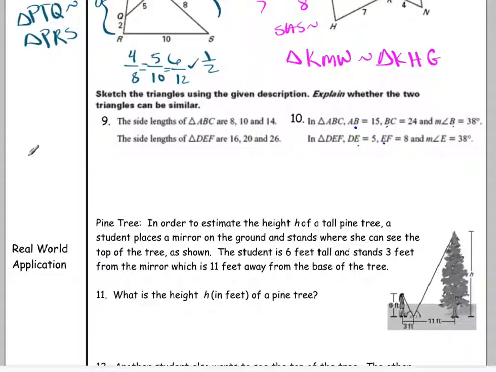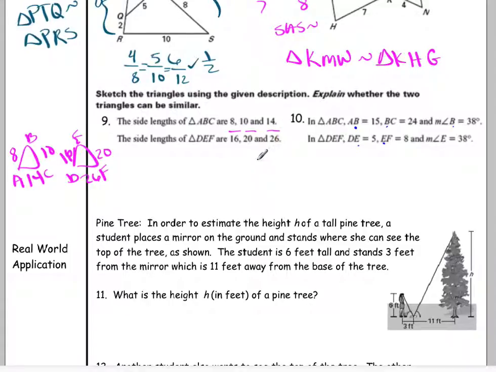It's said to sketch it, so if we have ABC, which is side lengths of 8, 10, and 14, obviously not drawn to scale, and then we have DEF, which has 16, 20, and 26. Being side, side, side, we don't really need a picture. 8, 10, 14, those are in order. 16, 20, 26, those are in order. I'm just going to do like this, be lazy.